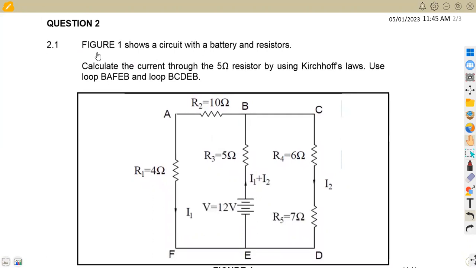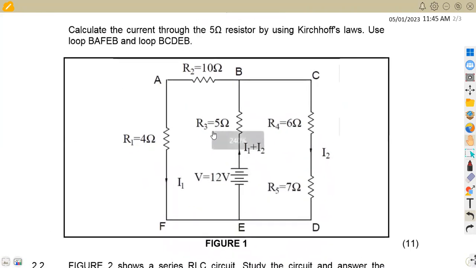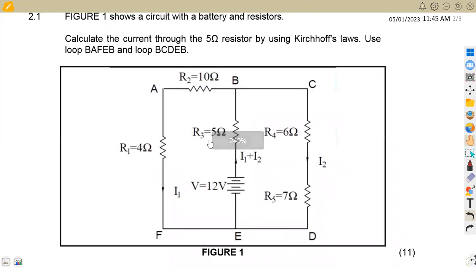So the first part, on 2.1, Fig 1 shows a circuit with a battery and resistors. In this case, we are given V, which is 12 volts. We are also to note the signs in terms of the flow of our current from the positive terminal.